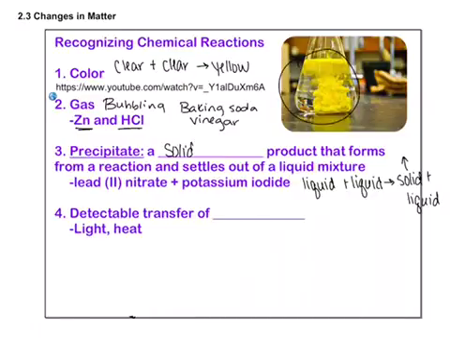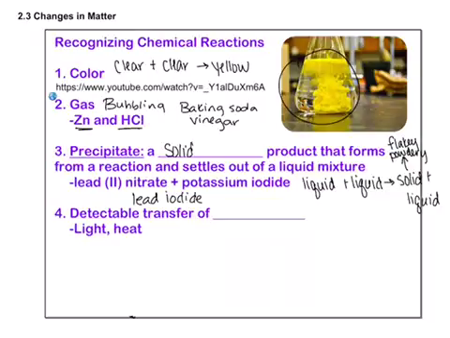This picture gives you a good idea of it: the solid is kind of flaky almost, or powdery. It's not like you're going to pour two liquids together and get a 2x4 type of solid. So an example would be lead(II) nitrate added with potassium iodide, and you will make a precipitate there. The precipitate would be lead iodide.